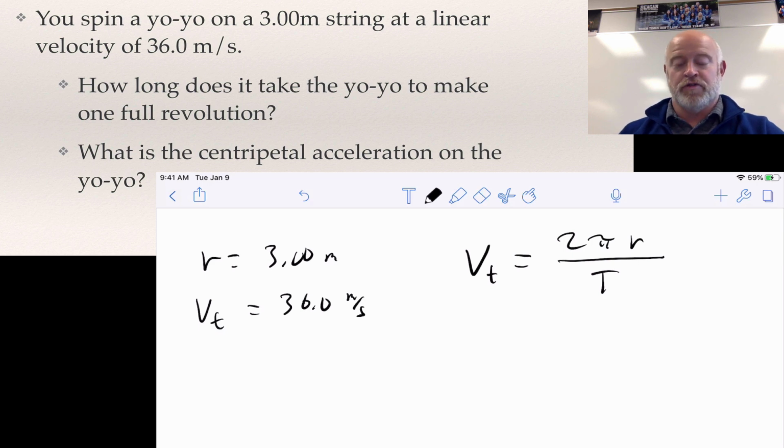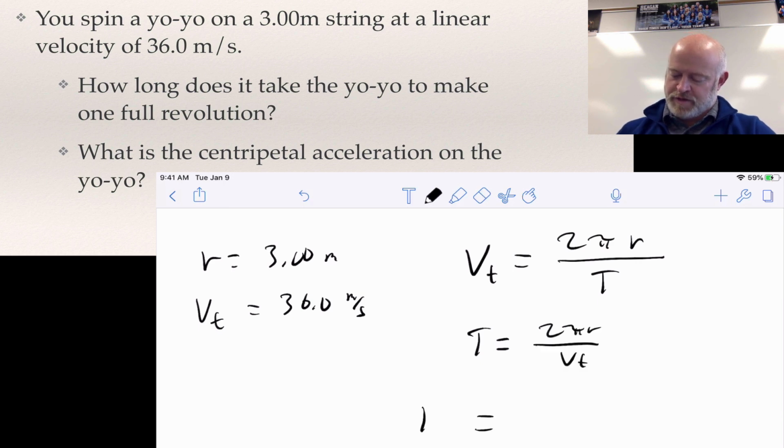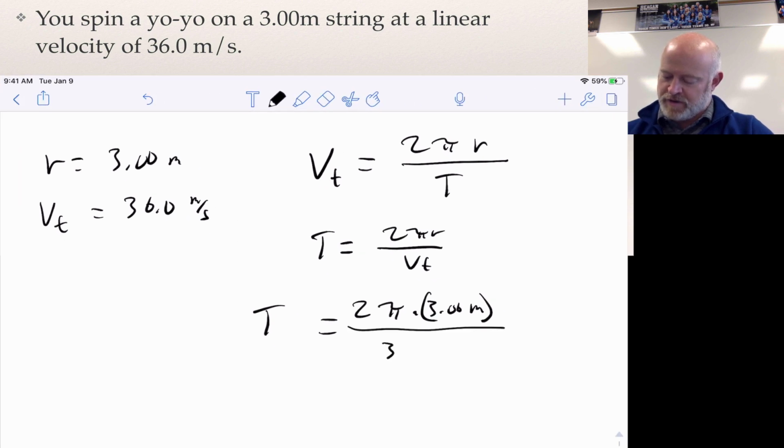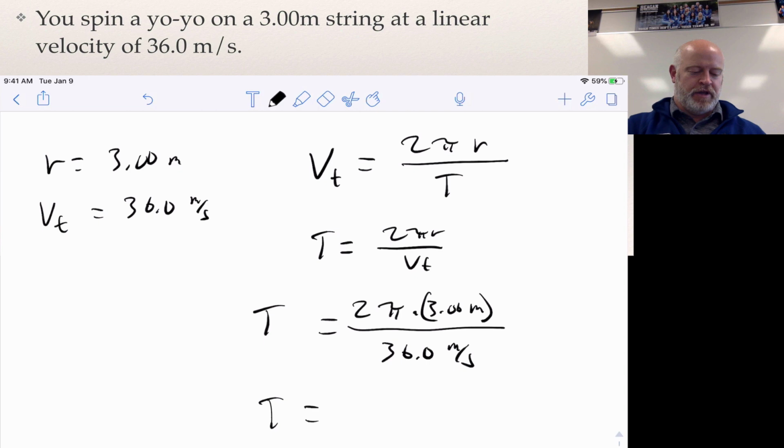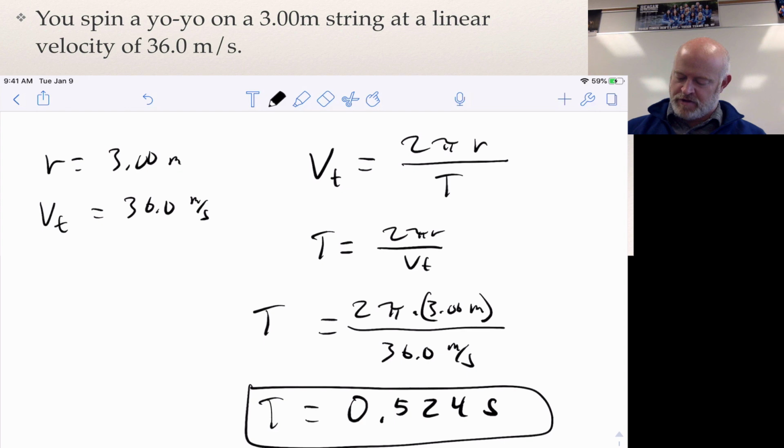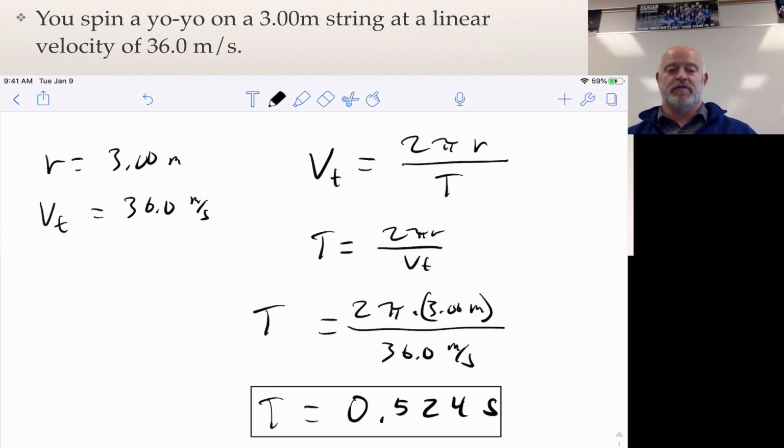So I'm going to solve for the period: the period is 2 pi r over velocity tangent, which is 2 times pi times the 3 meters for my radius divided by 36.0, my velocity, in seconds. If we plug that into the calculator, we get 0.524 seconds is our value for the time for our first one.